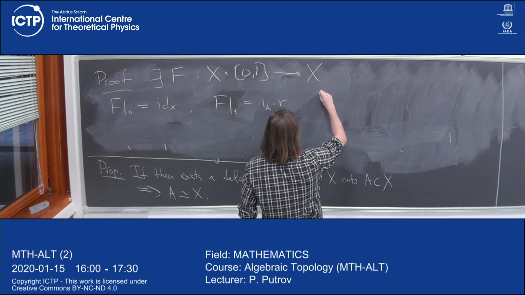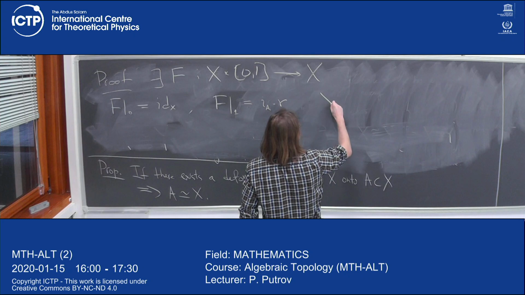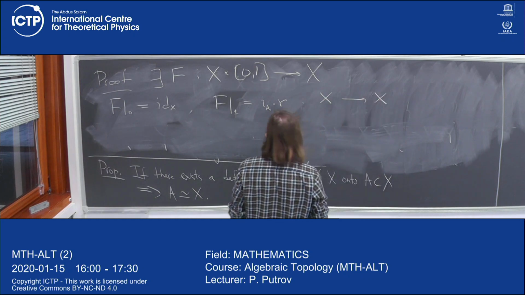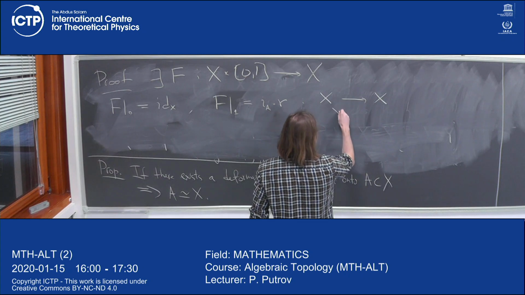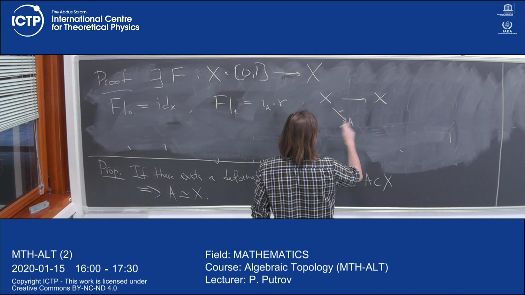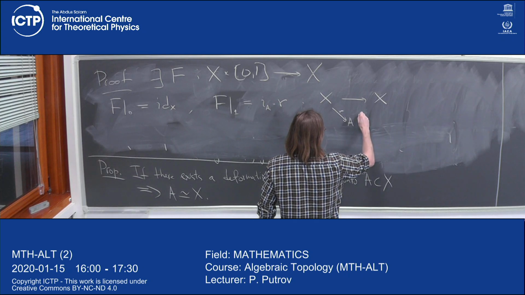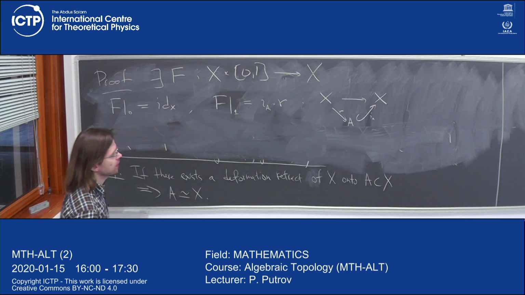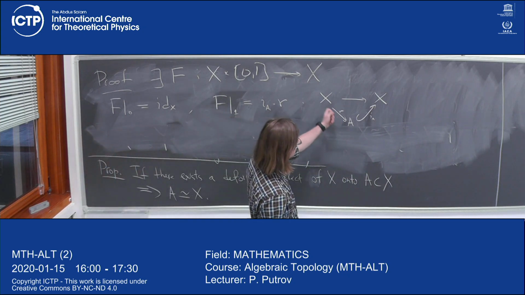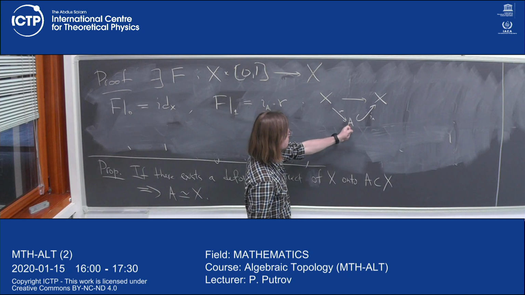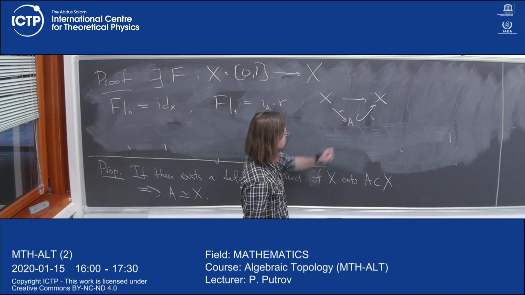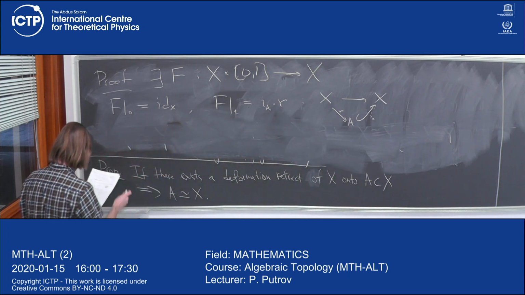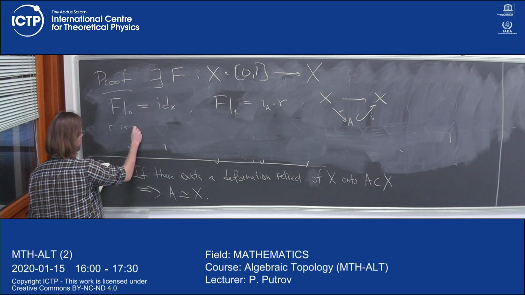So we have X, and this defines the map from X to X, which is obtained by composition of a retract R to A and an inclusion map I_A. And by definition, a retract is a continuous map to the subspace such that if restricted to A, it becomes identity. So R is a retract.